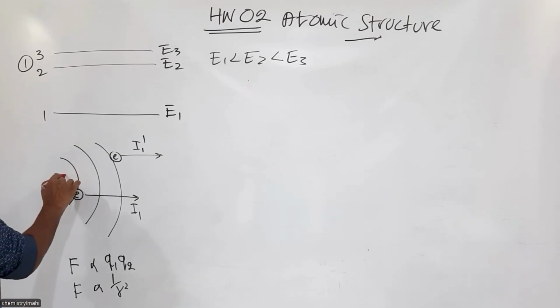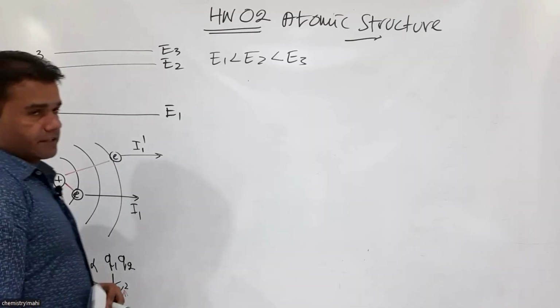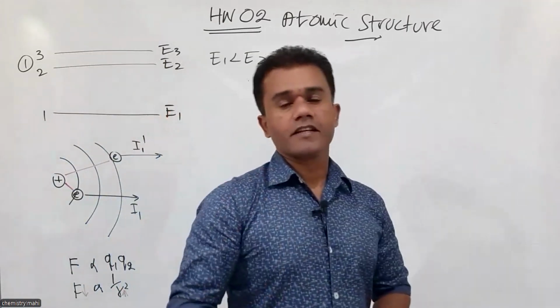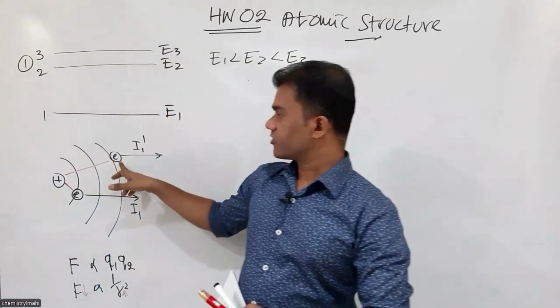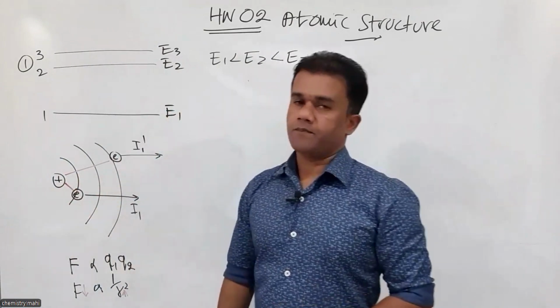But in the third energy level, the distance is large. If distance increases, the force of attraction decreases, which means the n equals 3 electron is weakly bound to the nucleus compared to the n equals 1 electron.